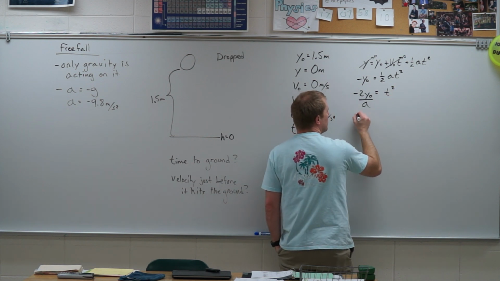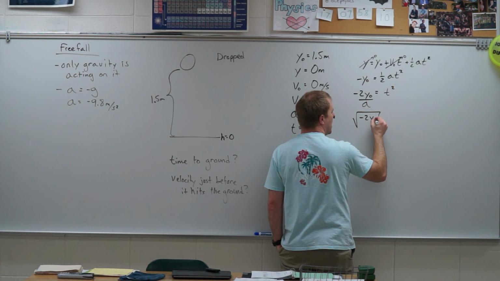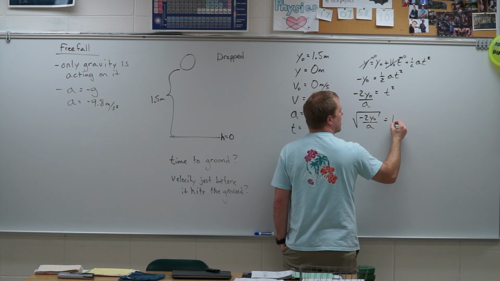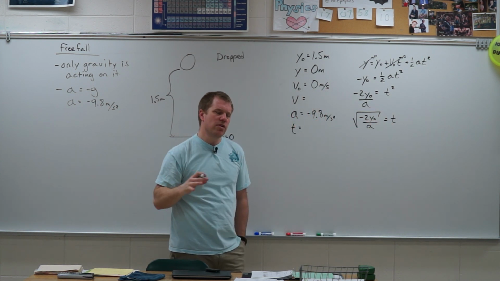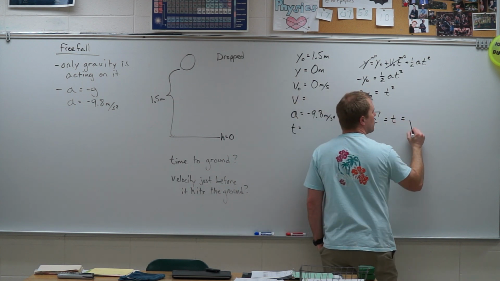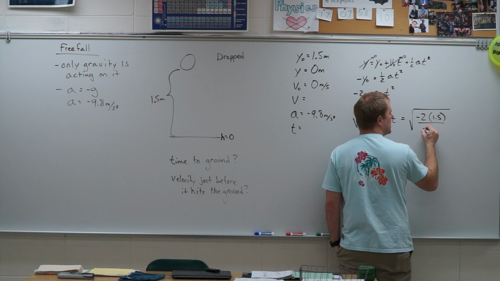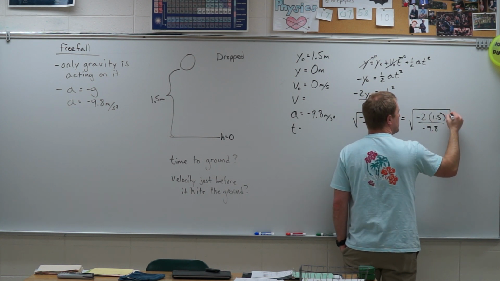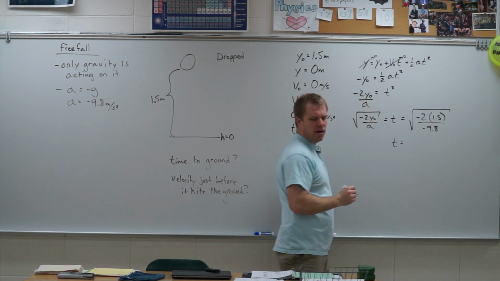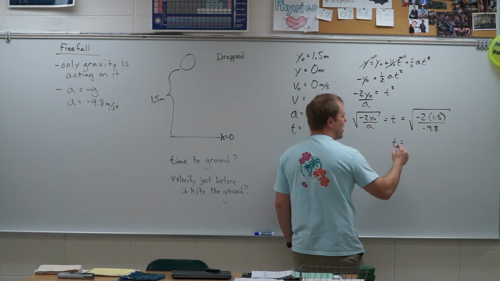Now don't worry, you see that negative sign in there, that's okay. We have a negative on our a, so those two negatives will cancel out. So I have the square root of negative 2 times 1.5 divided by negative 9.8. And so you get a time of 0.55 seconds.